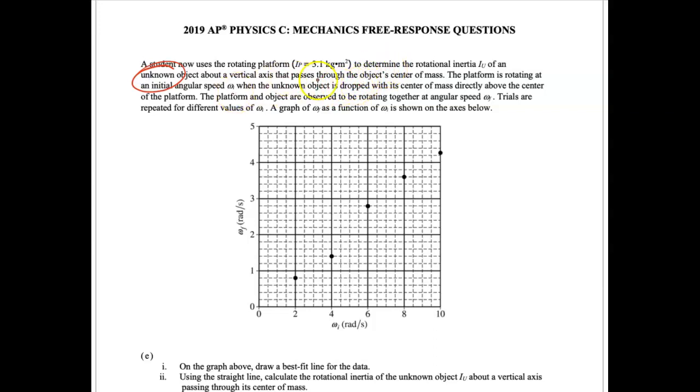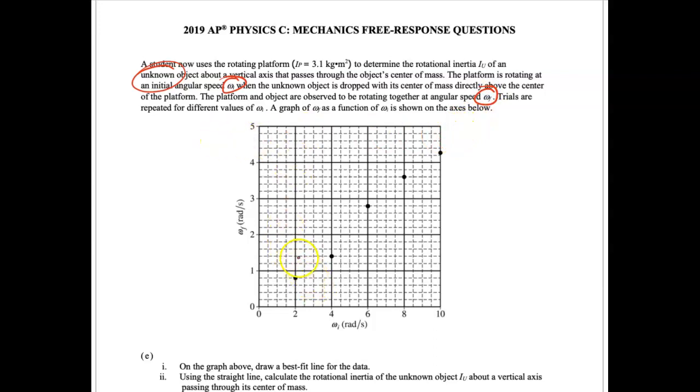And that vertical axis passes through the center of mass, which is good. The platform is rotating with an initial angular speed of omega I when the unknown object is dropped on the center. And when it does that, the platform and the object spin at omega F.